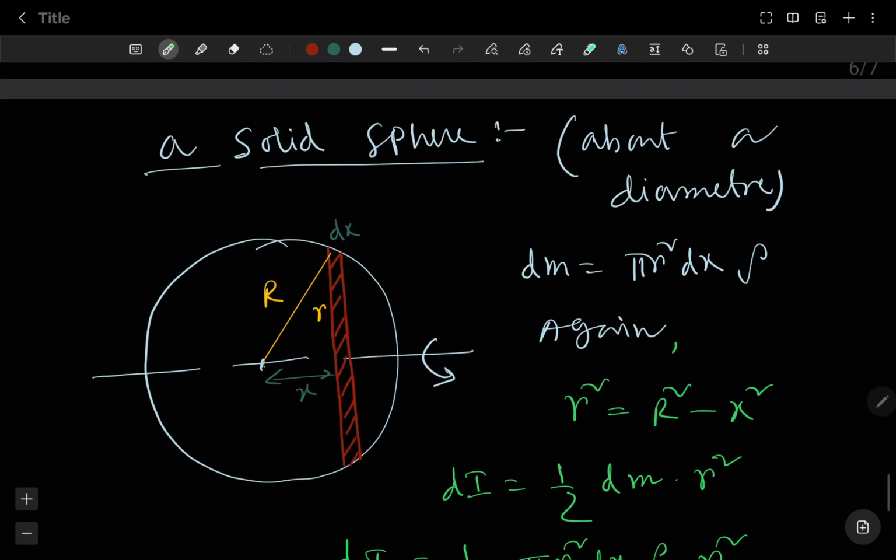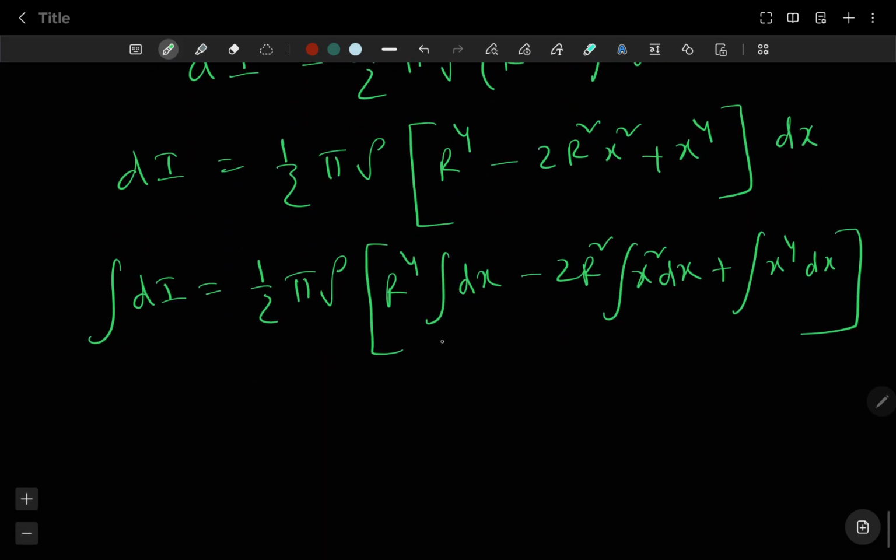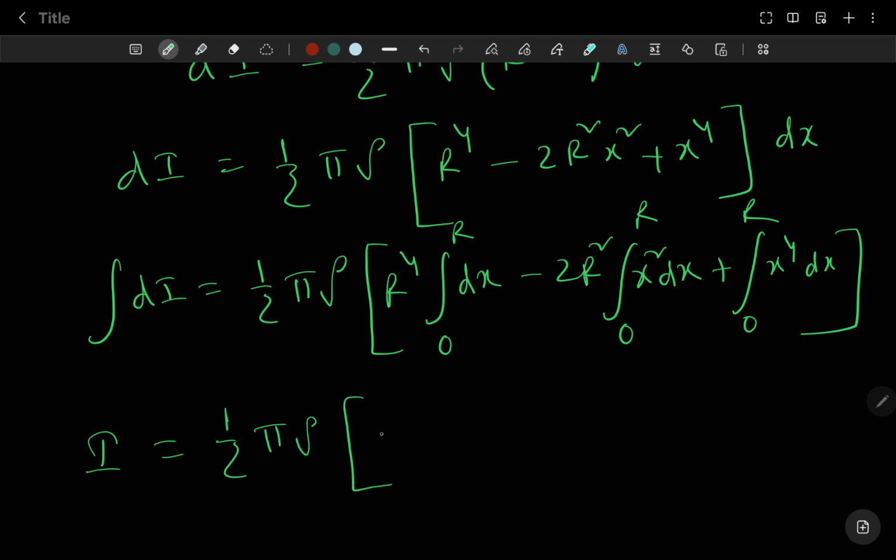Now x will be from 0 to R. Clear? From 0 to R. So I is half pi rho, it will be R4 into R, minus 2R square into R cube by 3, because it is x cube by 3, upper limit R cube by 3 minus lower limit 0, so I am not writing 0 here, plus x5 by 5, that is R5 by 5.